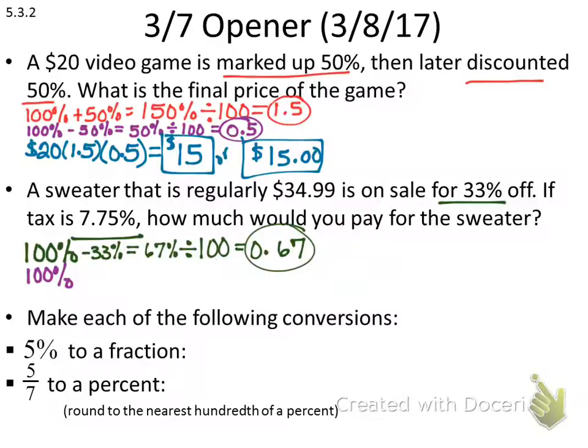So I'm going to add it. Brunel, when I add these two numbers together, what do I get? 107.75%. Don't forget the percent sign. Now what do I have to do with this percent, Brunel? Because you're going to change it to a decimal. Even though there's a decimal in it, we have to drop the percent sign. So then if I divide by 100, what do I end up with as my new multiplier?